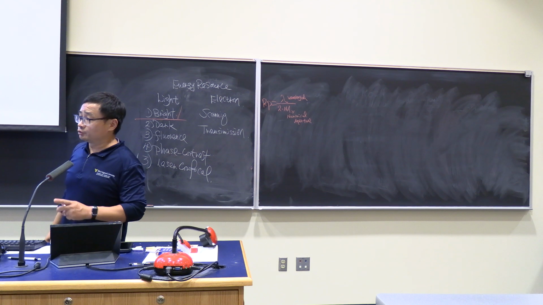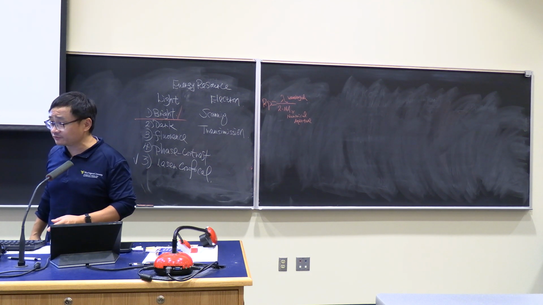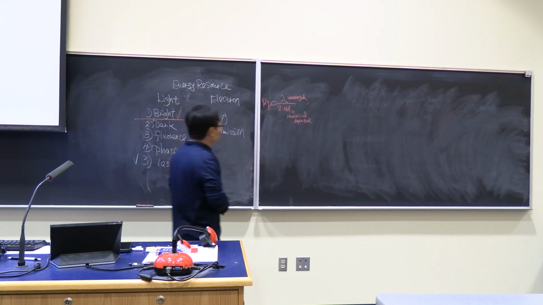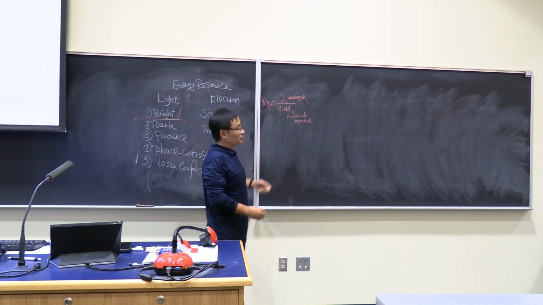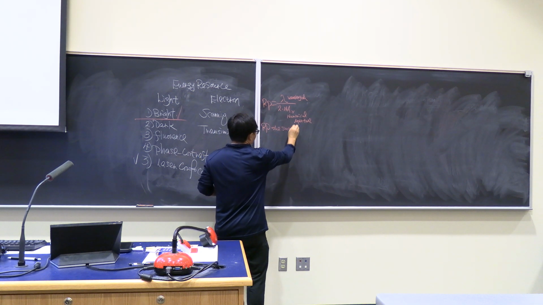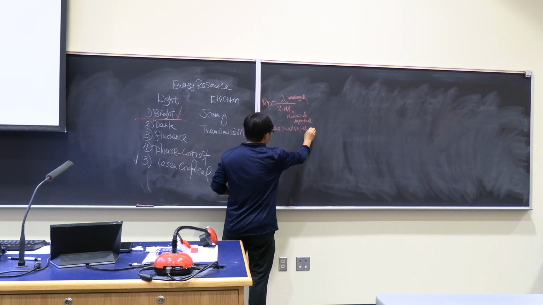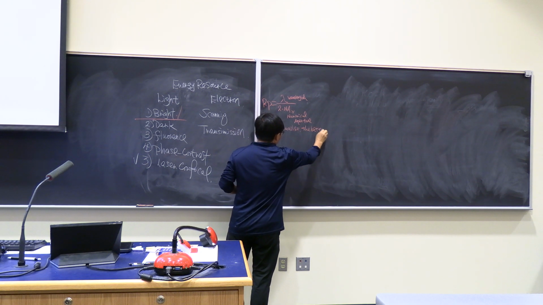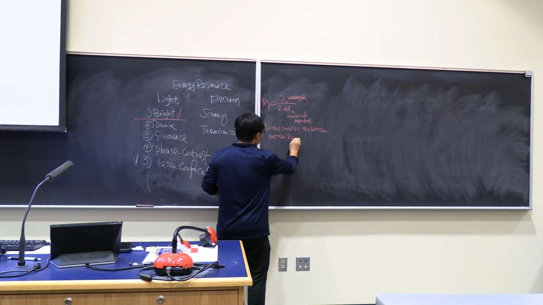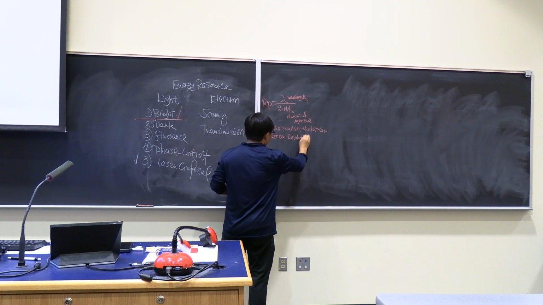Okay? Then you read this sentence. Wavelength of light used is a major factor in resolution. Shorter wavelength equals greater resolution because of this formula. Remember, this number, the smaller, the better, which means better resolution capability.